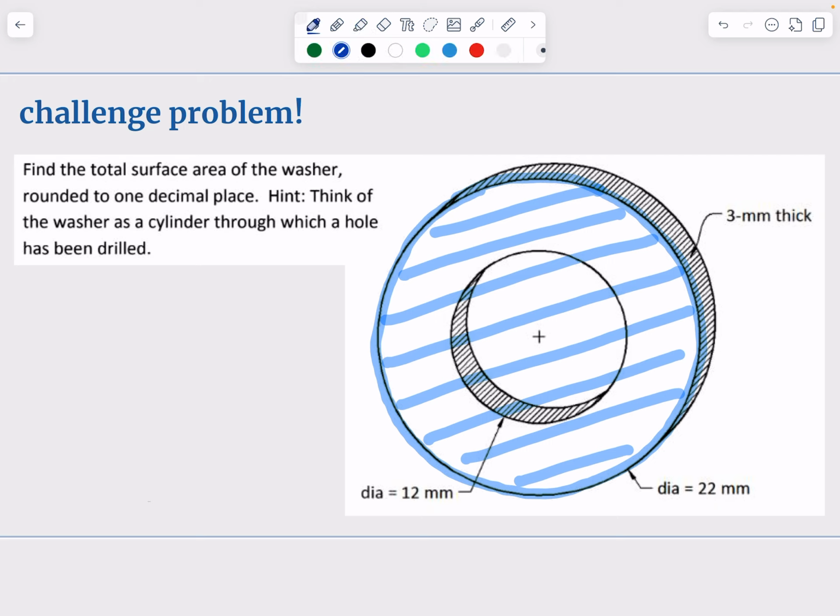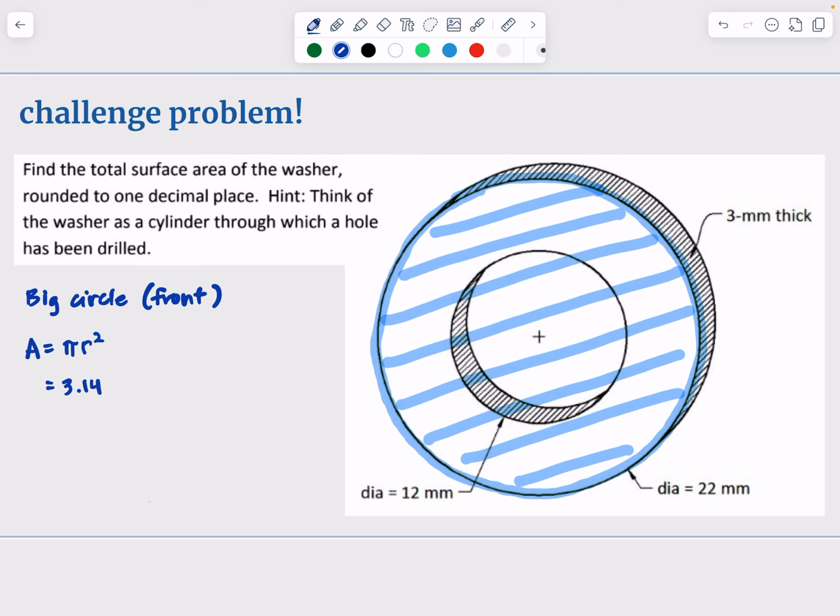Okay, so I'm going to find the area of the big circle, and we're going to think of this as the front of the washer. Okay, now I know how to find the area of a circle. The formula for area of a circle is area equals pi r squared, right? And we know that we want to use 3.14 for pi.